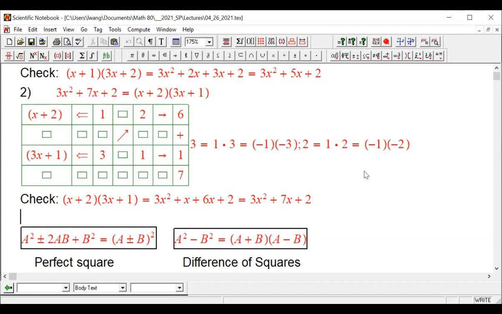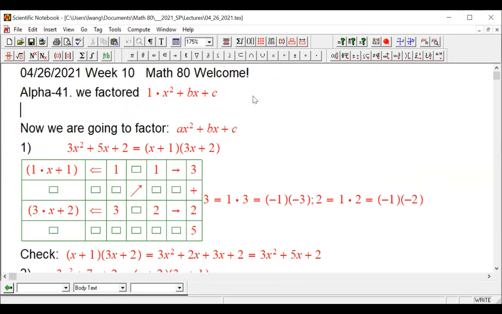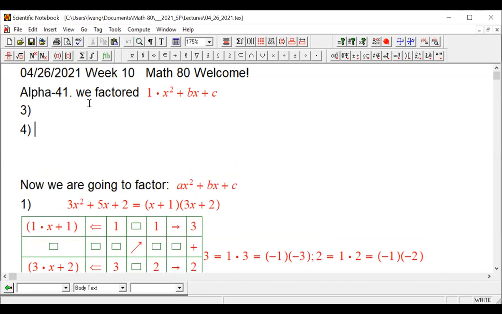Now, shall we try some more? This time I would like the two of you to try number 3 and number 4, just to play with it. I'm going to type the question right here.